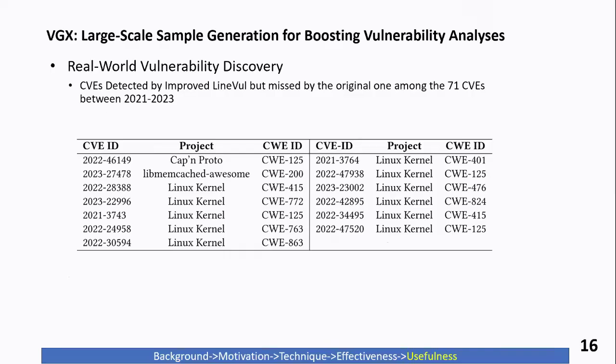I think I have that number. These are all the additional vulnerabilities. I think we were able to detect 13 more Linux kernel CVEs. So these CVEs are already reported and confirmed, but they were not captured by the original model. But once you augment the model with more training data, they are able to capture more.